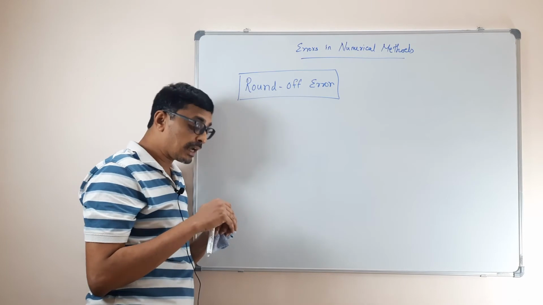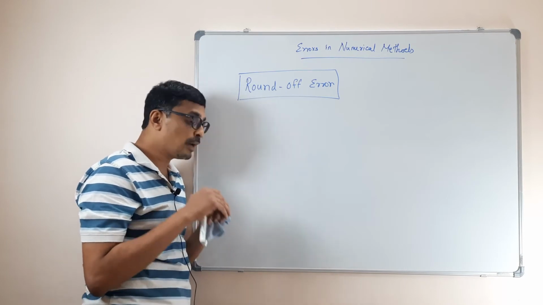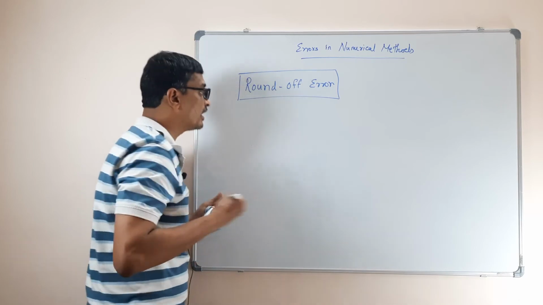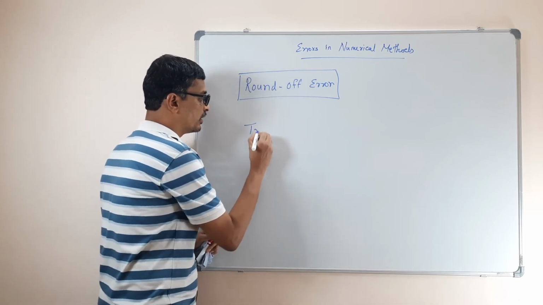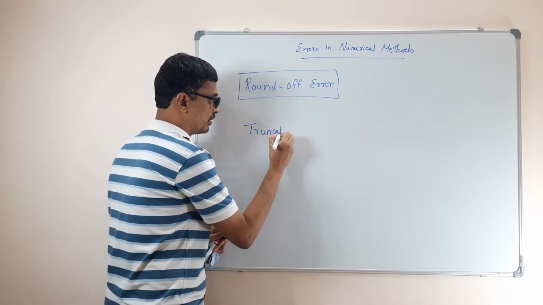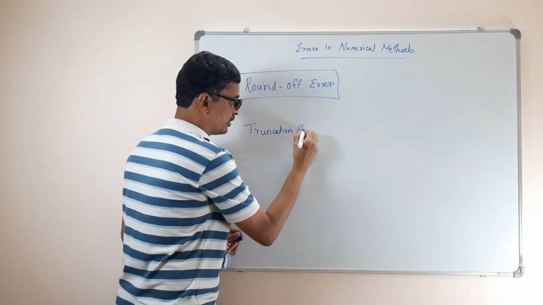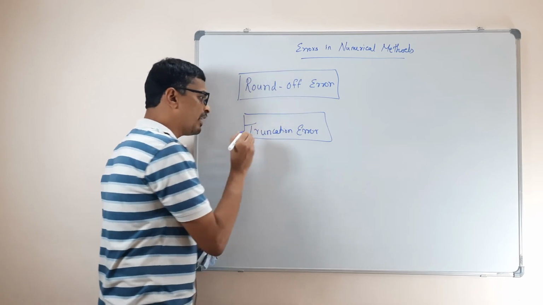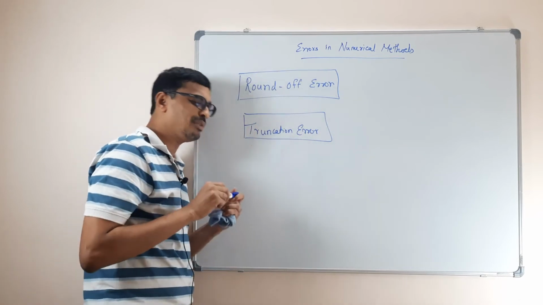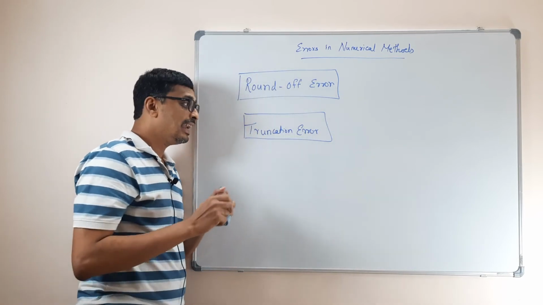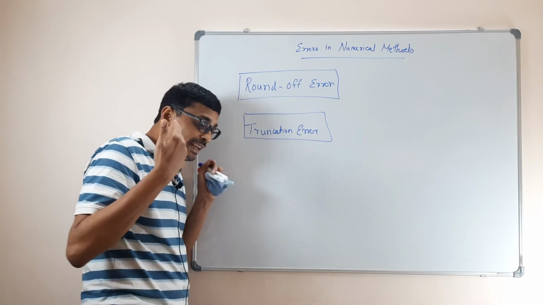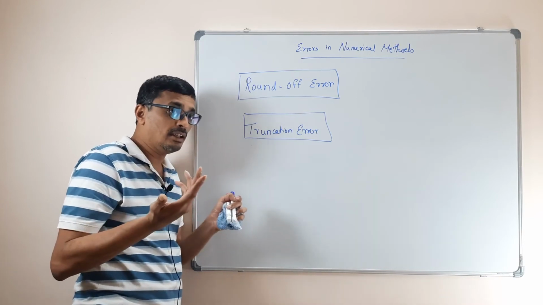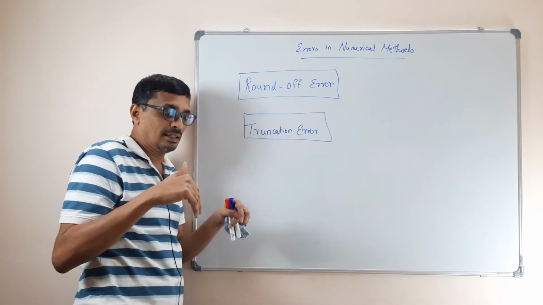Now there is another important error, which is not from the computer but is introduced by the algorithm. That error is called the truncation error. In simple language, the truncation error is our inability to handle infinity or the infinitesimal.